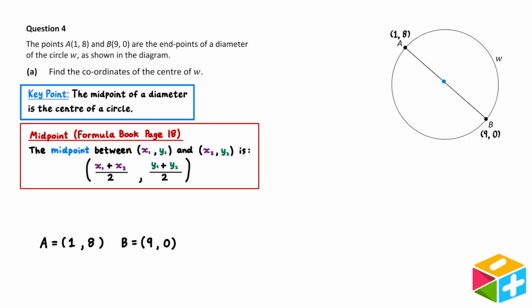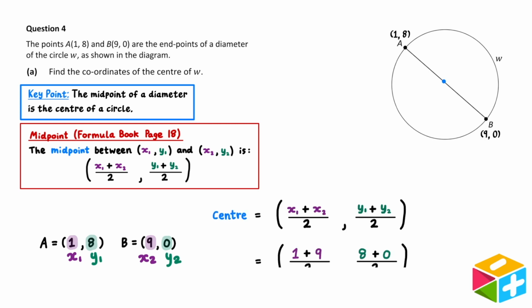To use our formula, we'll label our first point with x1, y1. So here, x1 is 1 and y1 is 8. We'll label our second point with x2, y2. So here, x2 is 9 and y2 is 0.